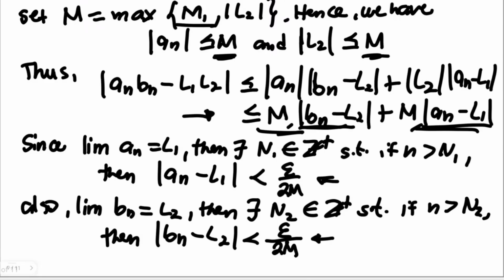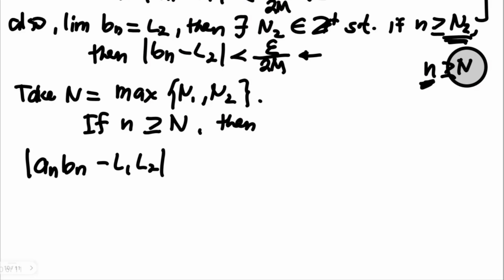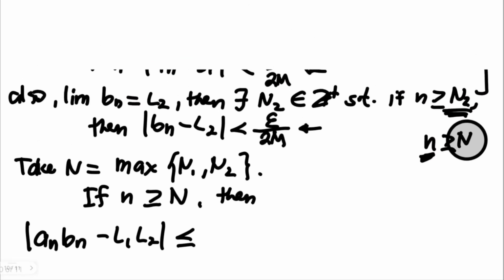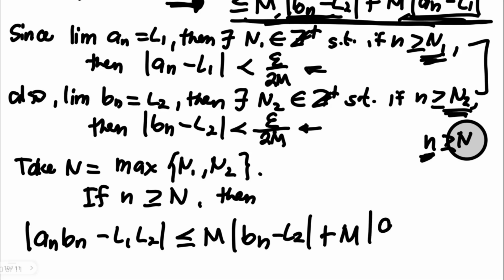You have here this theorem, and then letting m be greater than or equal to the absolute value of the sequence a sub n and the limit L sub 2. So you will have here less than or equal to m times the absolute value of b sub n minus L sub 2, plus m times the absolute value of a sub n minus L sub 1, this one here.